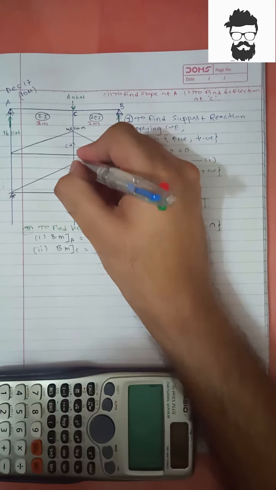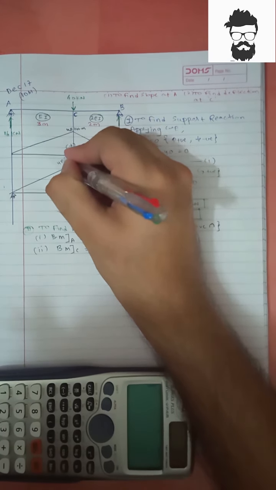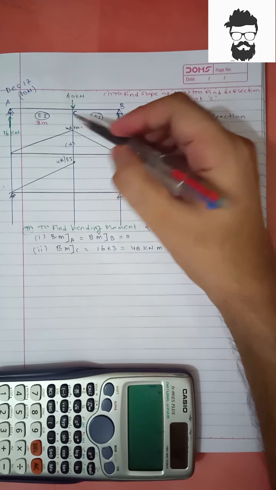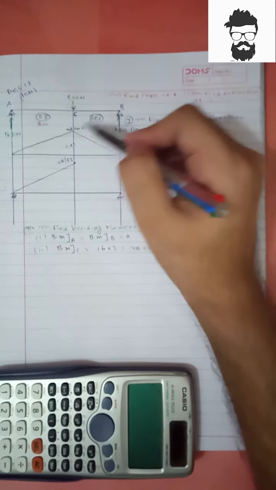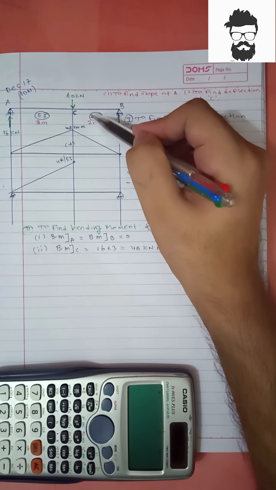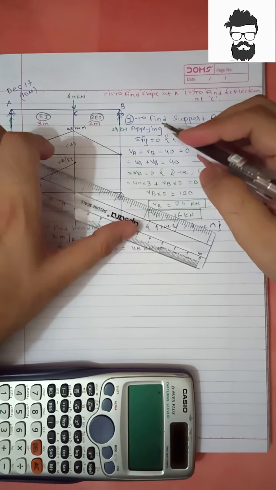So this point is 48 upon EI. Now on the right hand side it is 2EI. So 48 divided by 2EI, 48 by 2 becomes 24 and EI will be in the denominator.